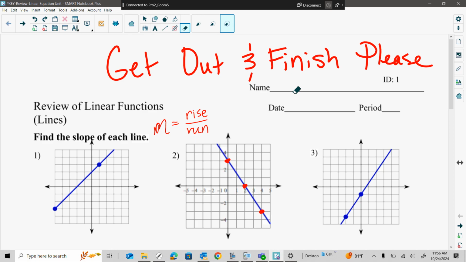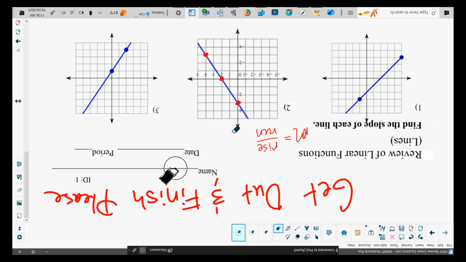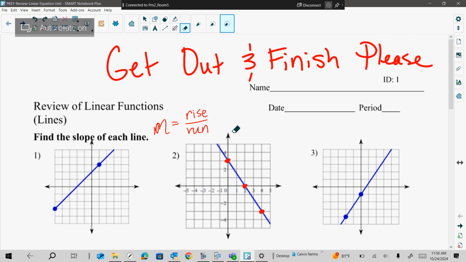So the first one here, you're doing rise over run. I just want to see that you can read the points on the graph, and then you can just count. If I'm reading from left to right, this would be the first point, this would be the second.